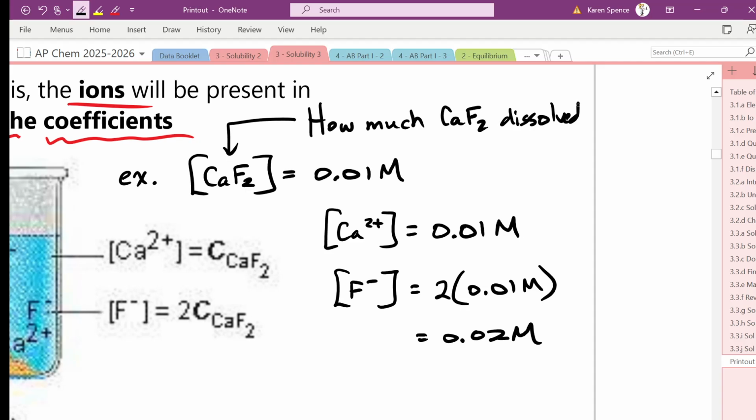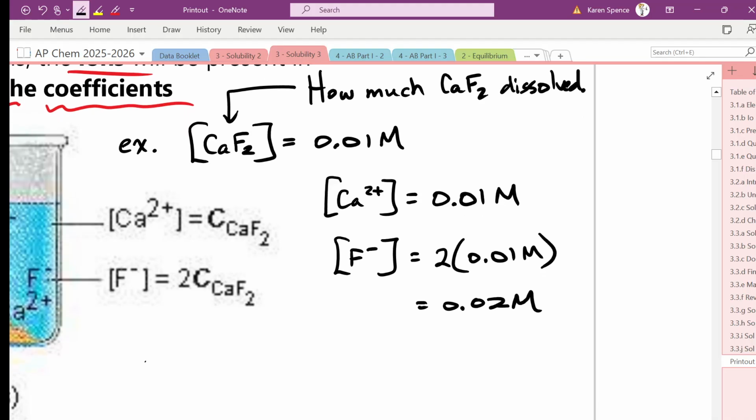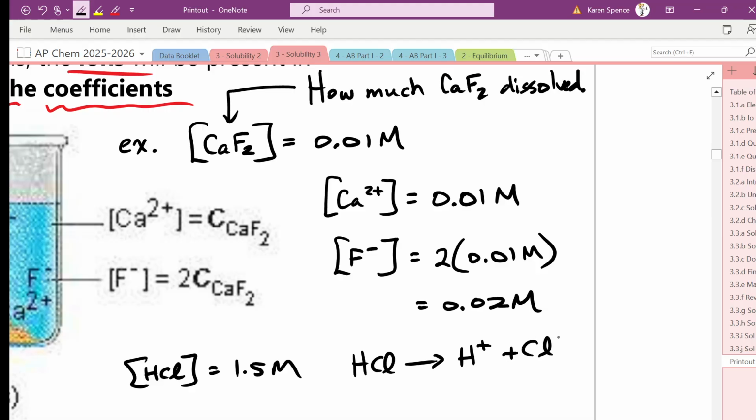So it's kind of like when I say the concentration of HCl is 1.5 molar. Yes? Well, in reality, how much HCl is there once I put it into water? There's none. But I still say, how much did I dissolve in the water? I dissolved 1.5 moles in 1 liter.